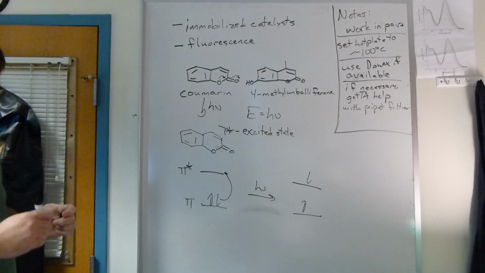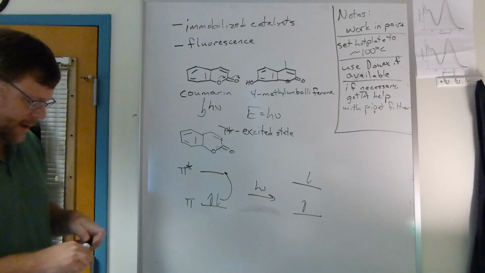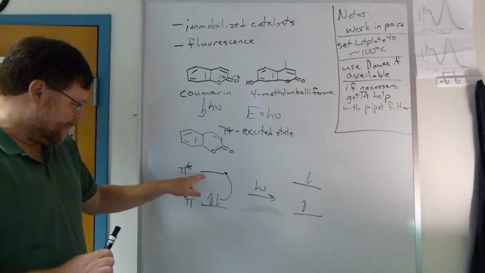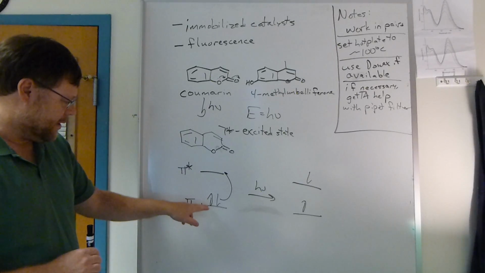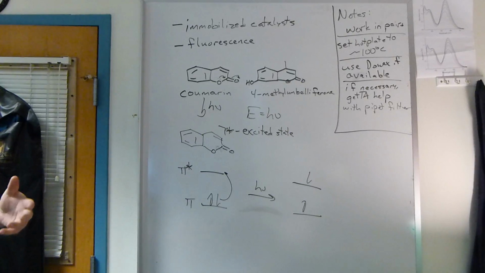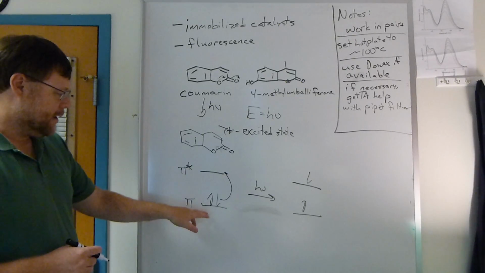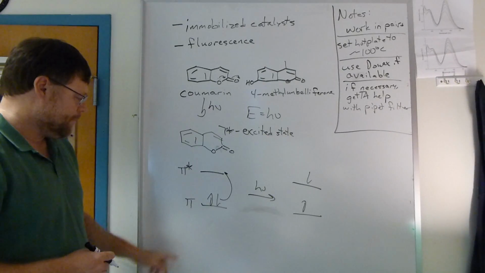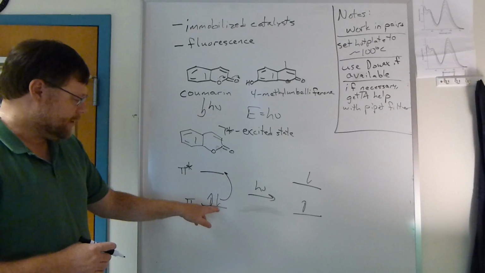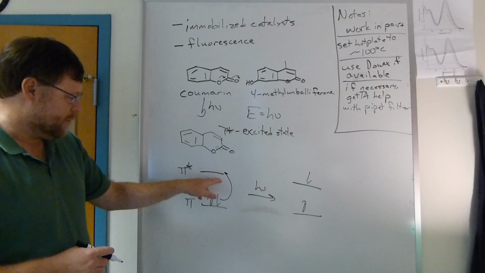Any pi bond is going to have a pi antibonding orbital associated with it. So when visible or ultraviolet light is absorbed by a molecule, an electronic transition takes place. By the phrase electronic transition, what we mean is an electron transitions from one orbital to another.